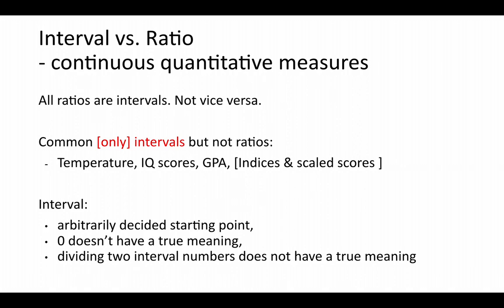Now, if somebody has an IQ score of 80, while another person has an IQ score of 160, can you say the latter person is twice as smart as the first person? No, you cannot say that. If you divide these two numbers, the 2 doesn't have a true meaning, because you can't say someone is twice as smart as another person.